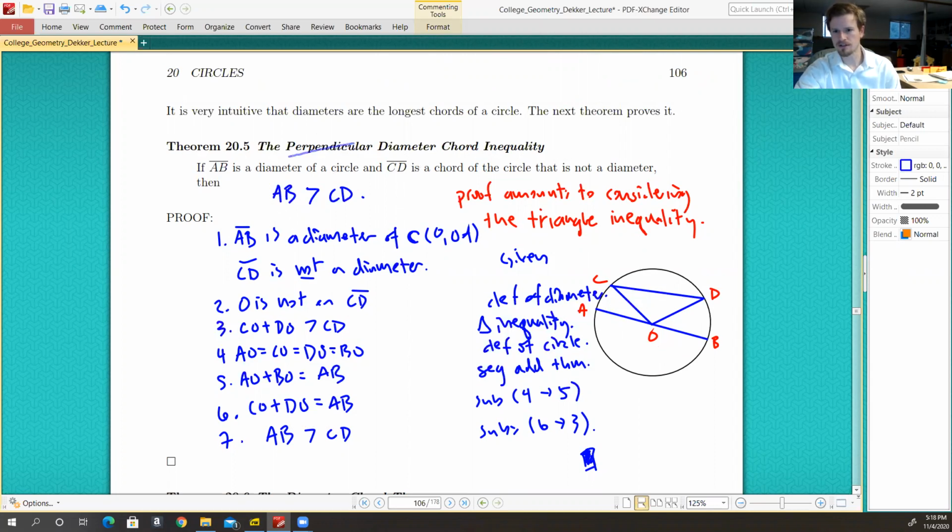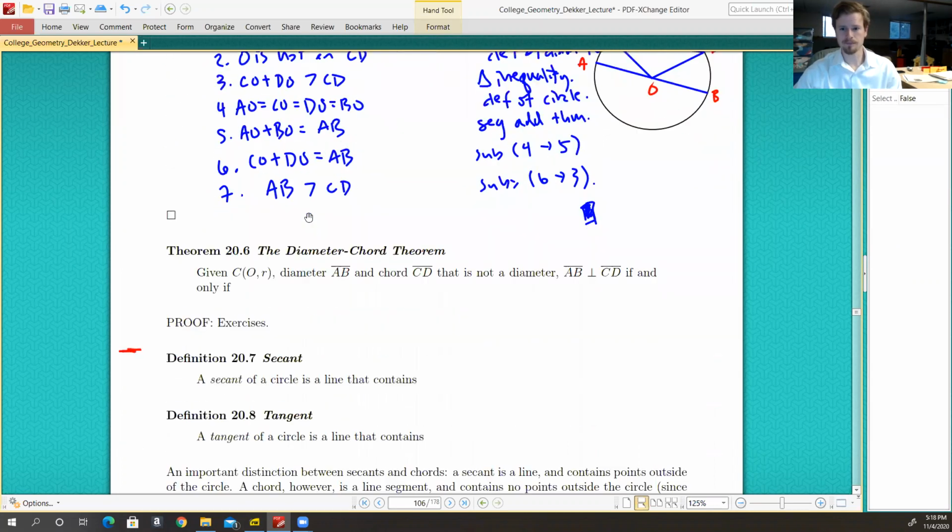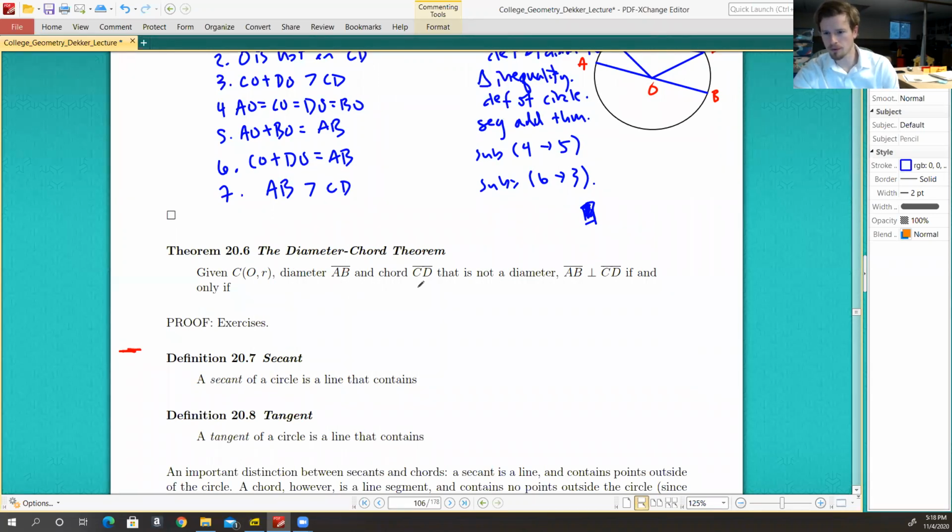That has nothing to do with perpendicular. However, given a circle, the diameter and a chord that is not a diameter, then those two things are perpendicular. Oh, hey, look. Perpendicular belongs in this theorem name.